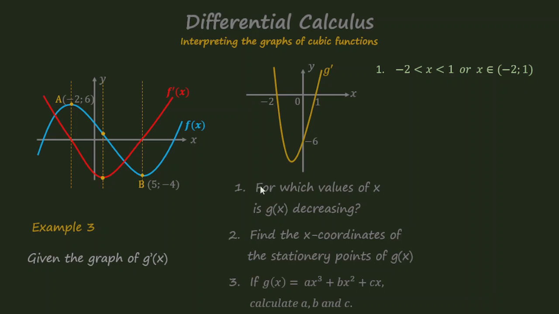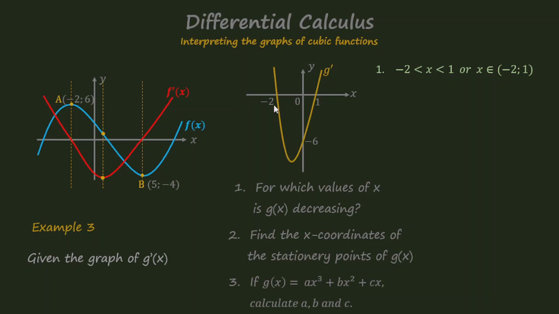Now the second question says, find the x-coordinates of the stationary points of the original graph of g at x. We've been given the x-intercepts of the derivative of g. The x-intercepts there are -2 and 1.